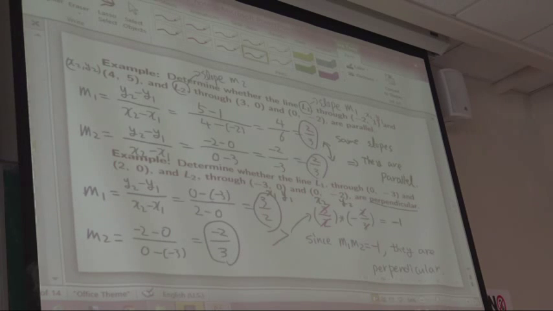So y2 minus y1, which is negative 2 minus 0, over x2 minus x1, 0 minus negative 3. Always x1, comma y1. Just got to remember the formula and figure out how to write them in.